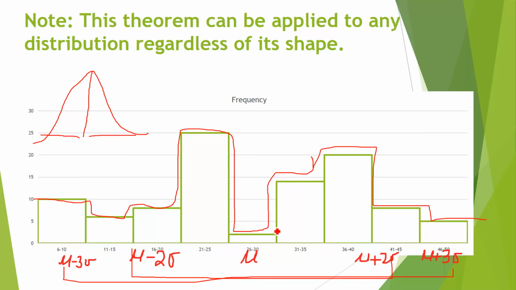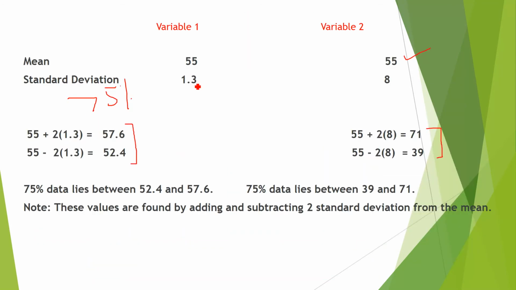In this graph, this is mu plus 2 sigma and mu minus 2 sigma. One time you have to add the standard deviation sigma times 2, and here also 2. So we have calculated that 75% of the data lies between this, and in this case between 39 and 71. These values are found by adding and subtracting 2 standard deviations from the mean.